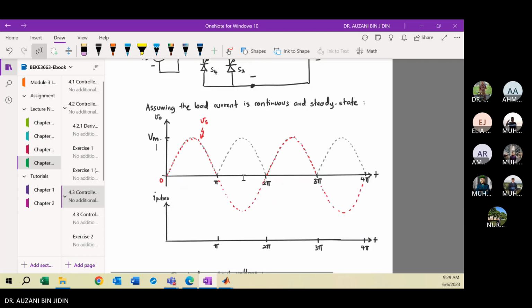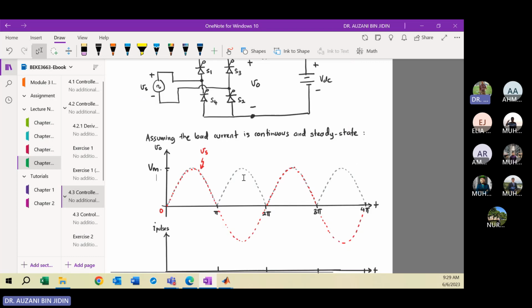Okay, so maybe we can set the alpha. For this example, we set alpha same as previous, which is 45 degrees. So maybe I just put the dotted line first. Here is 0, right? 0 starts to build up the sine.